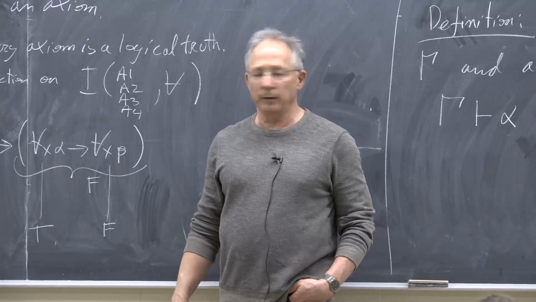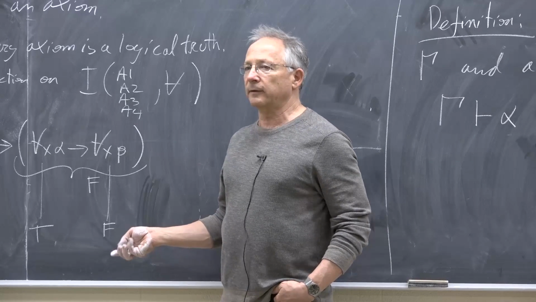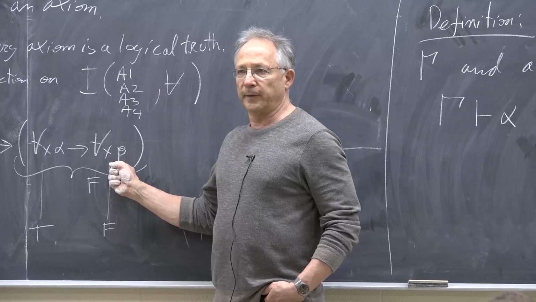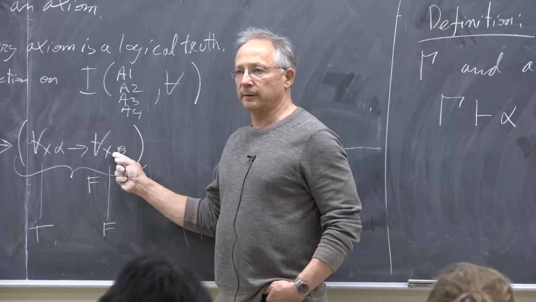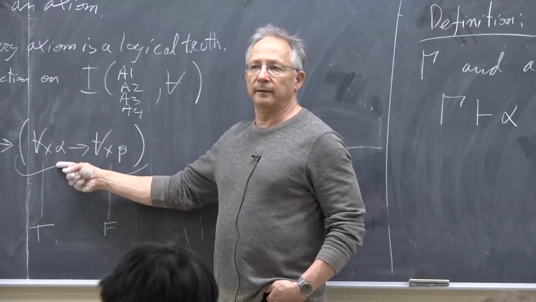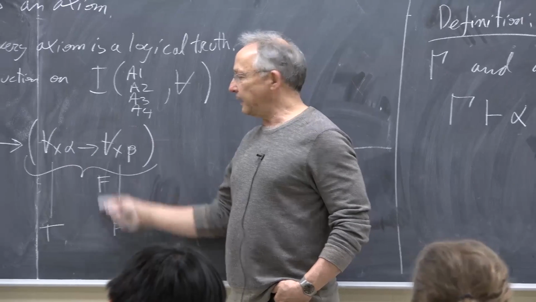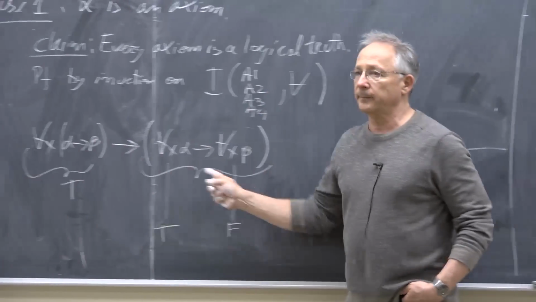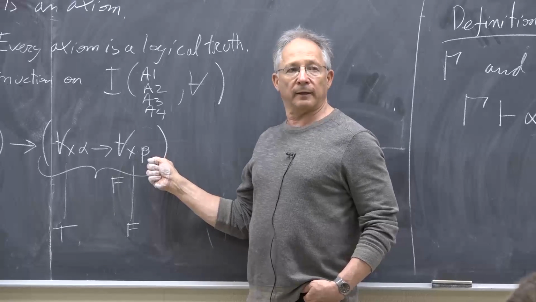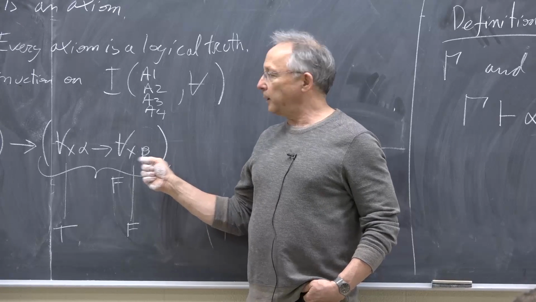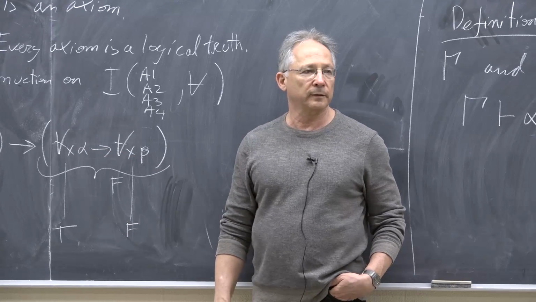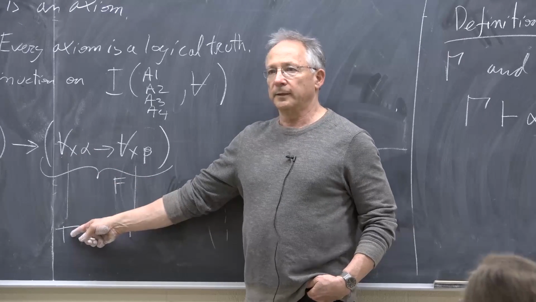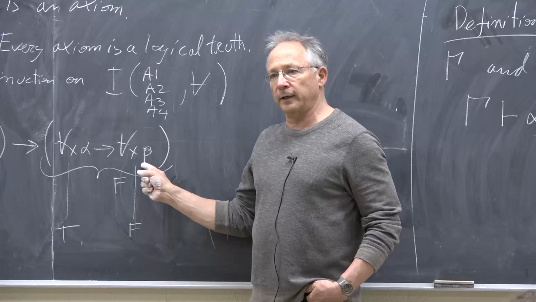It fails in the structure if there is an element A in the structure such that beta of A is not true. So for this A, beta of A is false. What happens for alpha of this A? What happens to alpha of A in this structure? Has to be true, because we have for all X alpha is true. So I have alpha of A is true and beta of A is false.